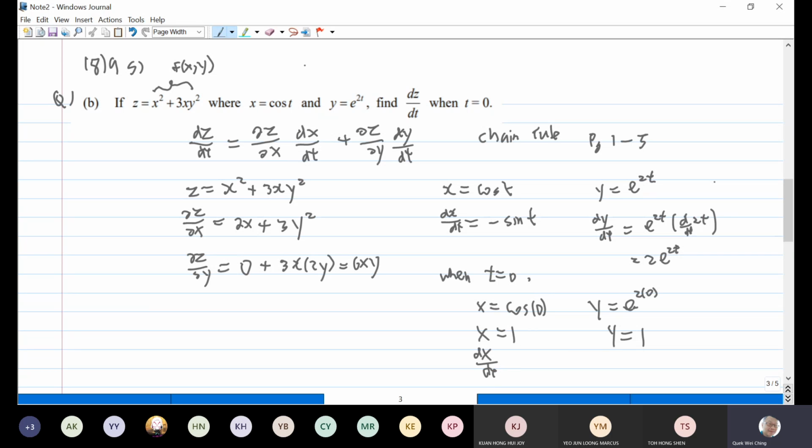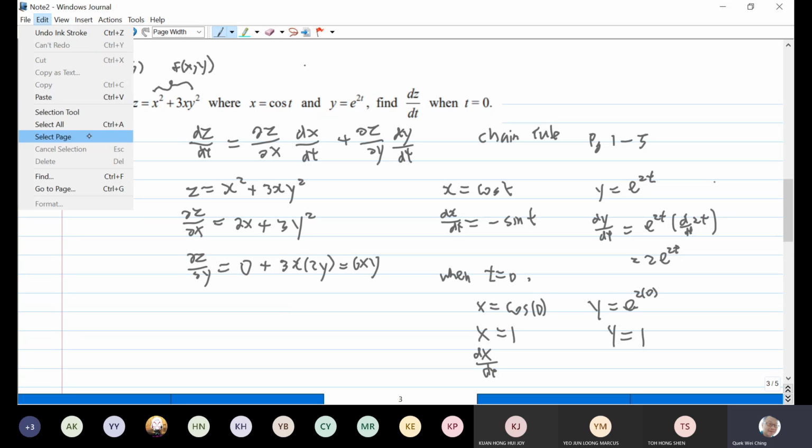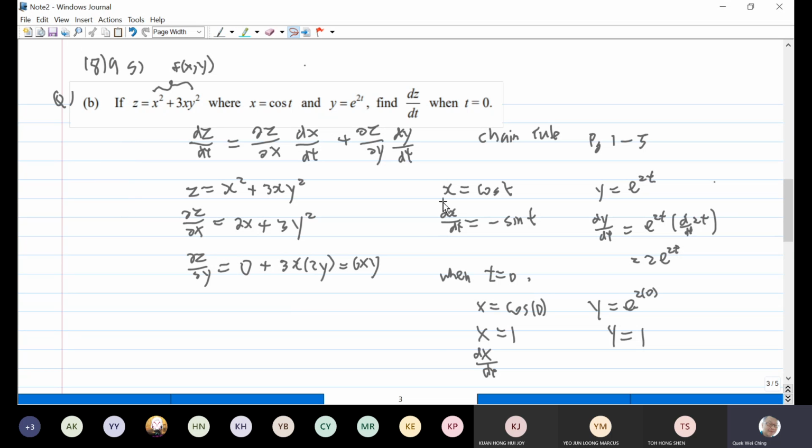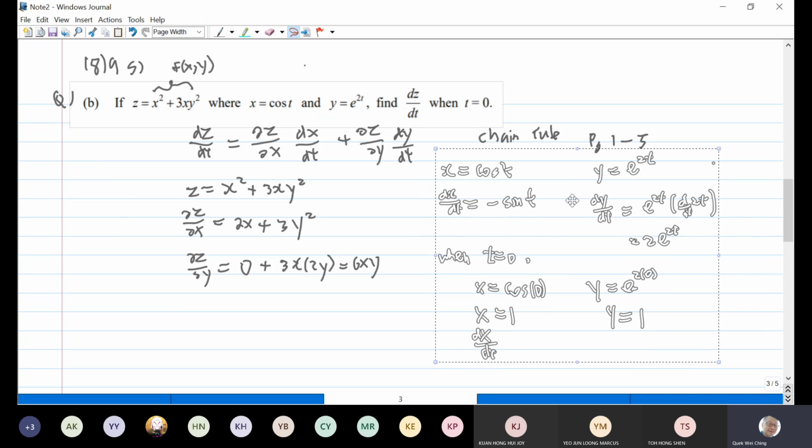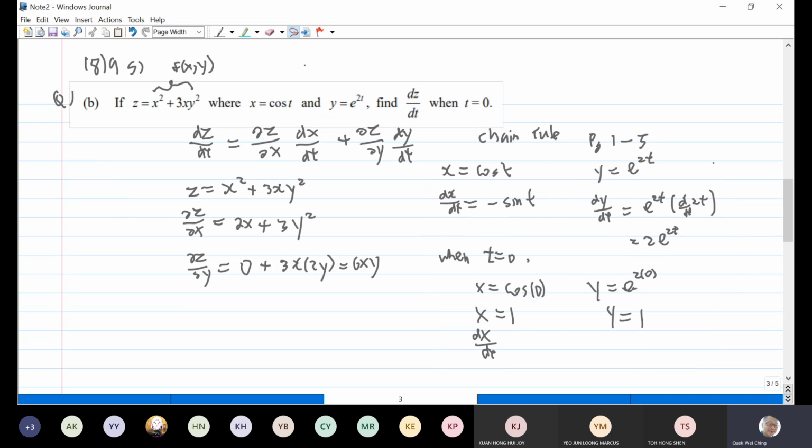Okay, let me pull up a little bit here. Okay, dx dt will be equal to minus sine t here. Minus sine t will be 0, since t equals 0 now.